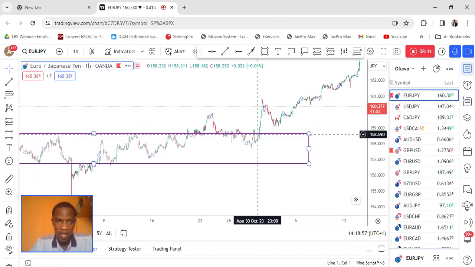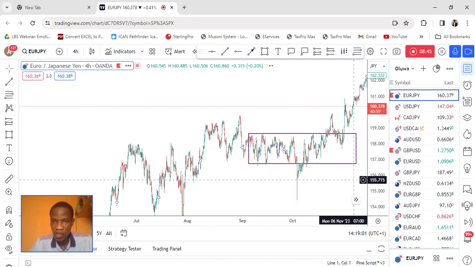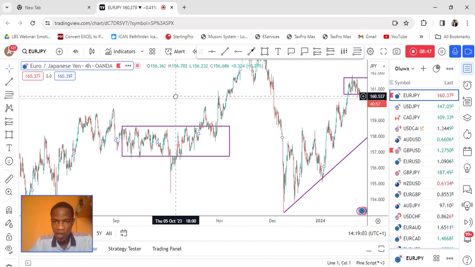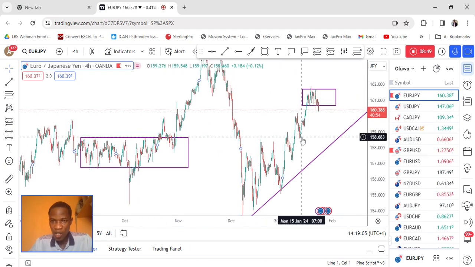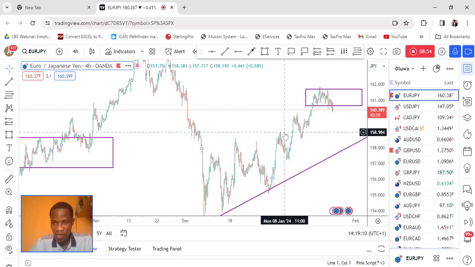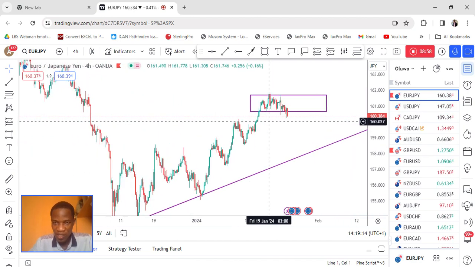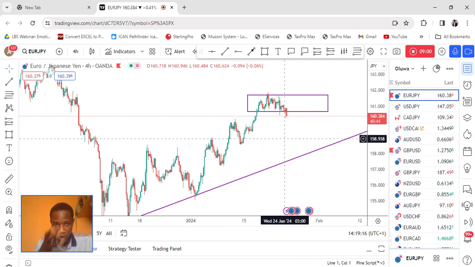Let's choose another currency pair so that you understand what I'm explaining. You can see from here, for this present market, that there was a breakout until when the candle closes.